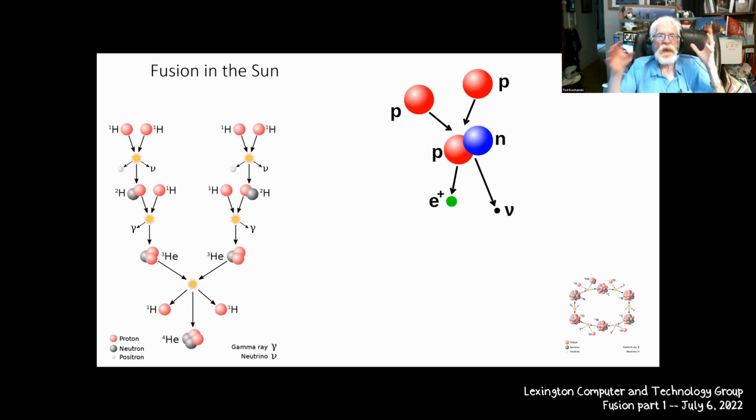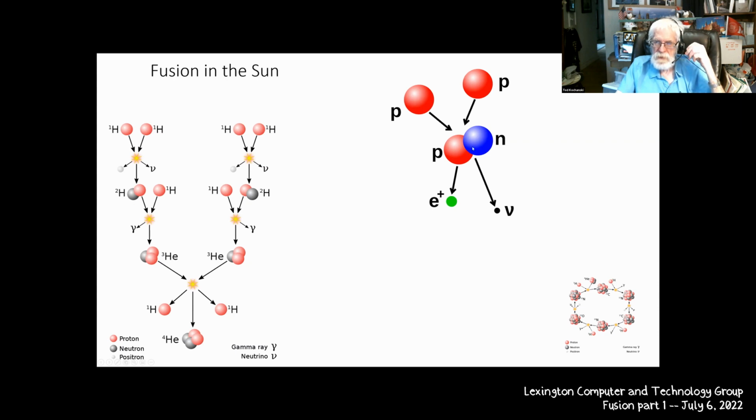So fusion in the sun is predominantly driven by this basic reaction. Protons come together, overcome this electrostatic Coulomb repulsion, get close enough together, they get bound by the strong nuclear force to form a deuteron.